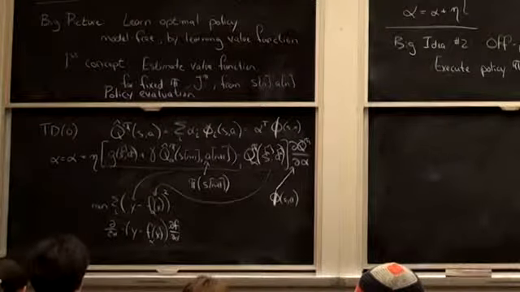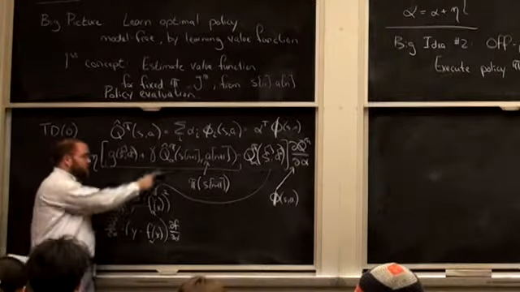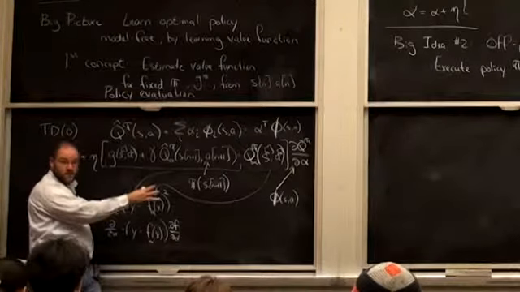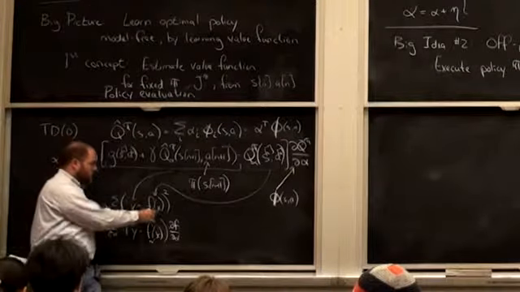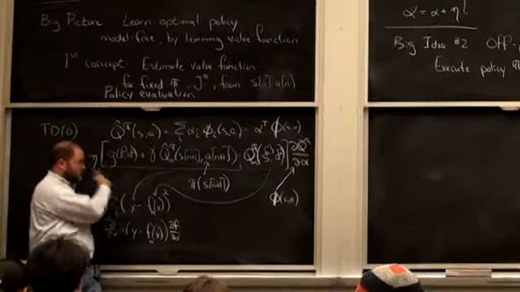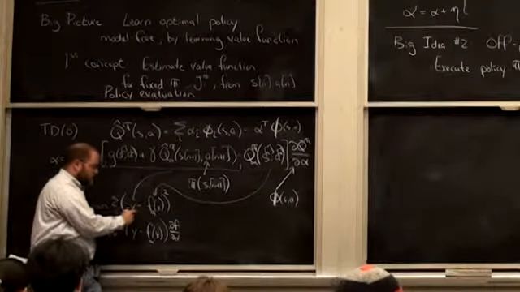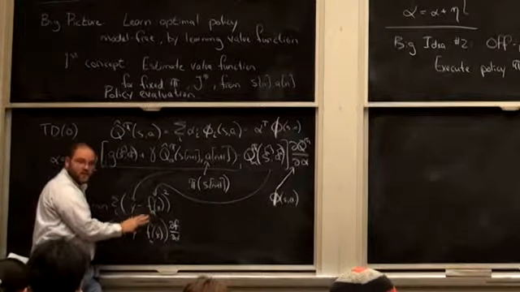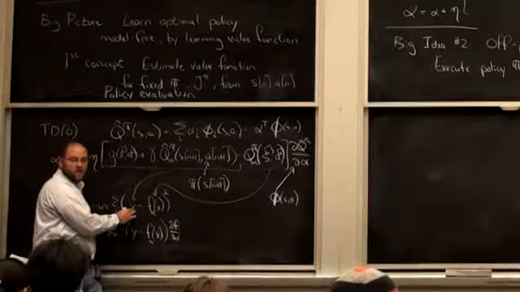I worked this out a number of years ago, but I think it's true that if you start including that, if you look at the sum over a chain for this standard update with TD, those terms will actually cancel out. It doesn't work nicely. It gives you back the Monte Carlo error.